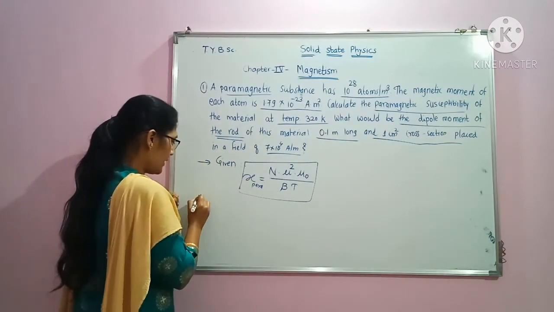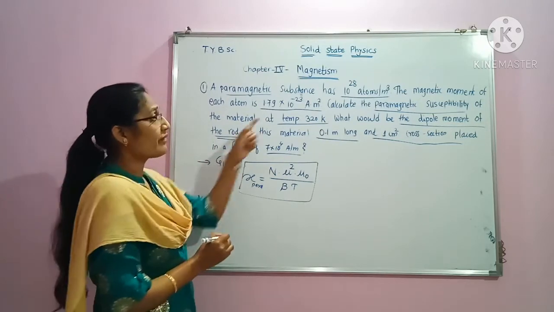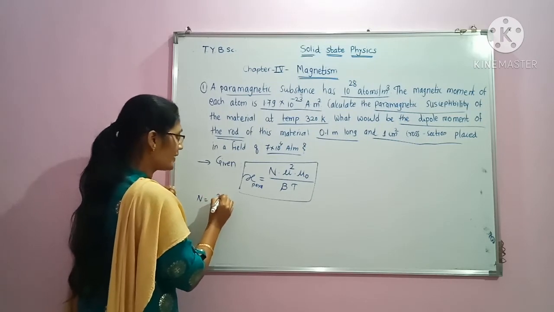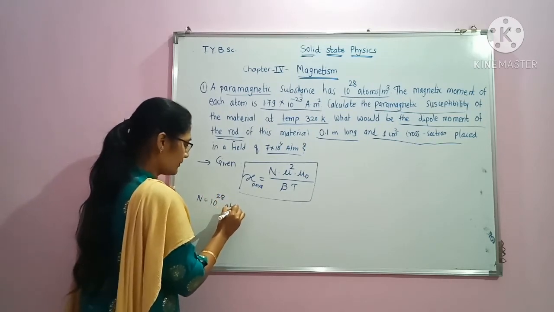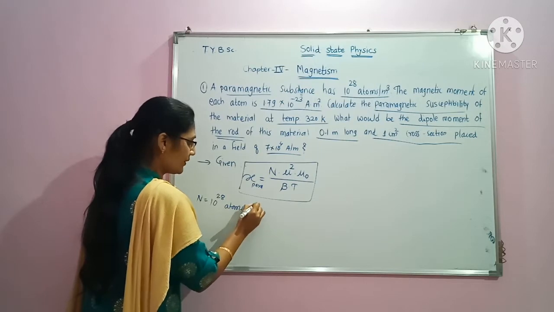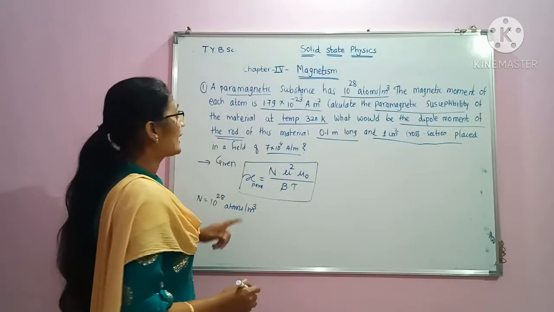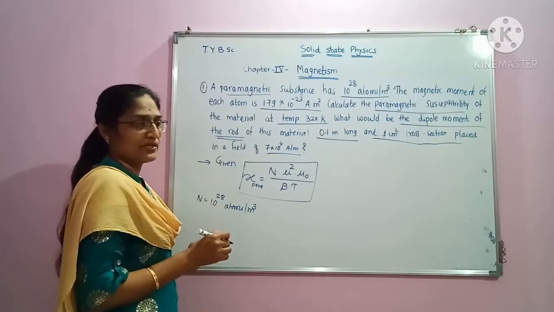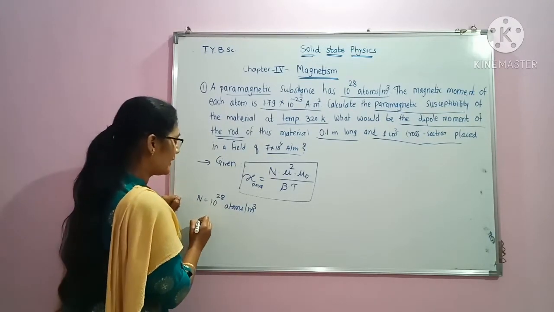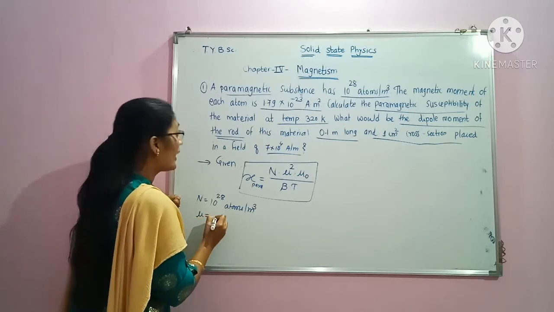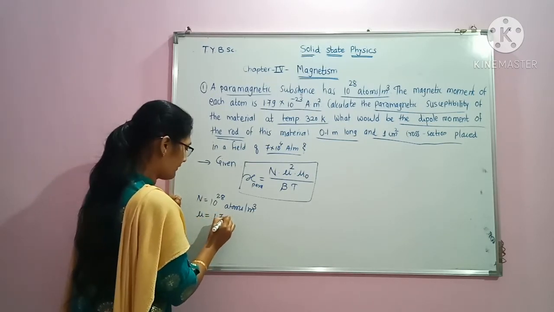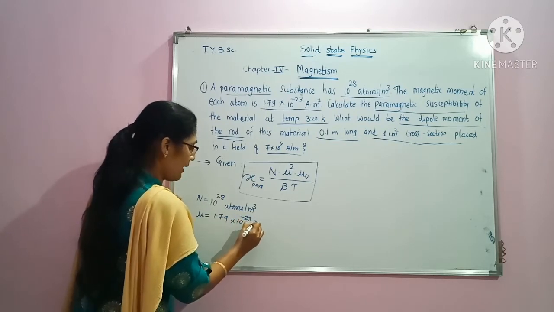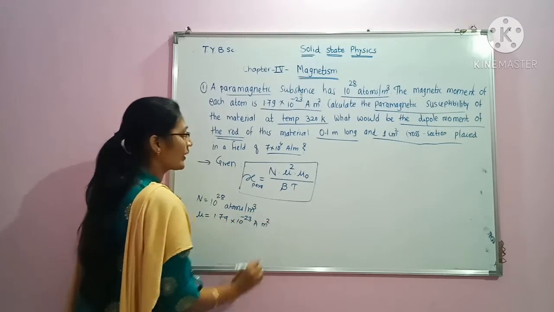Here N is given, that is the number of atoms, which is 10 raised to 28 atoms per meter cube. Then the magnetic moment of each atom is given. Magnetic moment is mu, and it is given as 1.79 into 10 raised to minus 23 ampere into meter square.